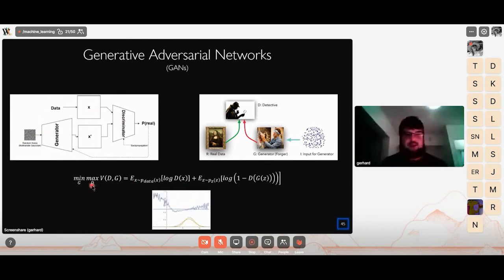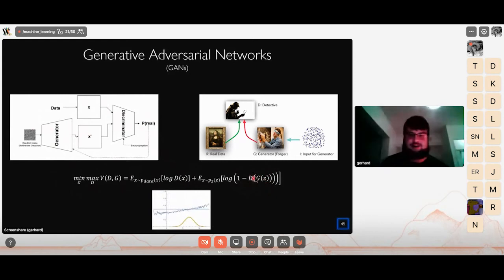Essentially, if you think about it in a game theoretic approach, this is a two-player minimax game, where your generator is trying to minimize this function and your discriminator is trying to maximize it. The two terms here work like this: if you've got a true example X, you want the output of this final node to be 1.